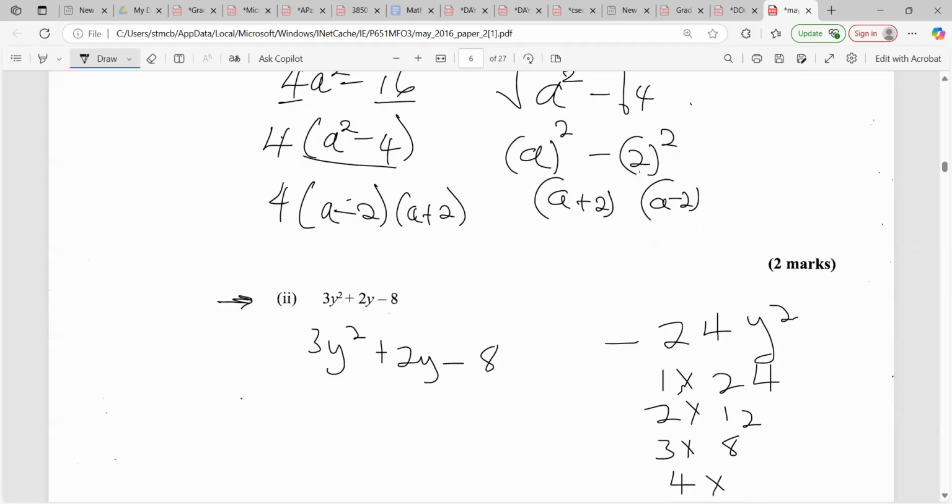So you're going to see which pair can give you a positive 2. Definitely looks like 4 and 6. So we replace the 2 with 4 and 6.